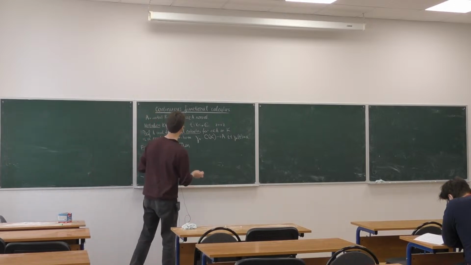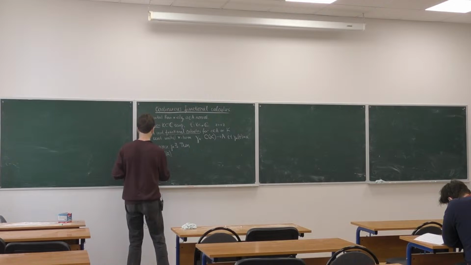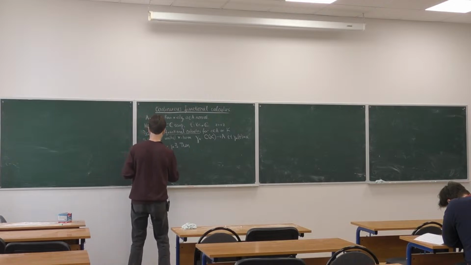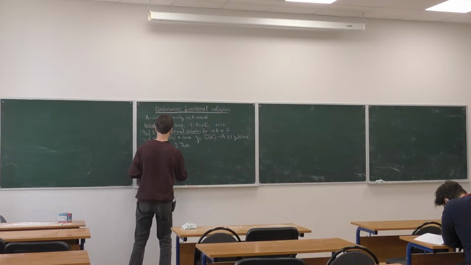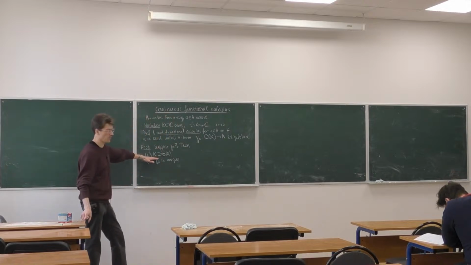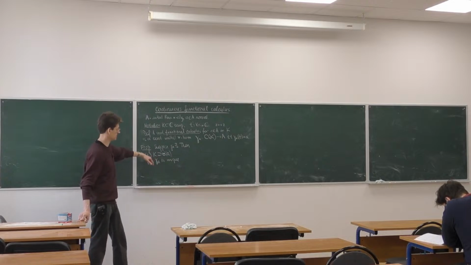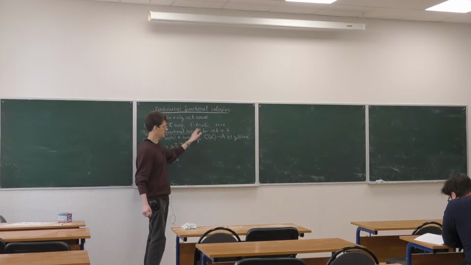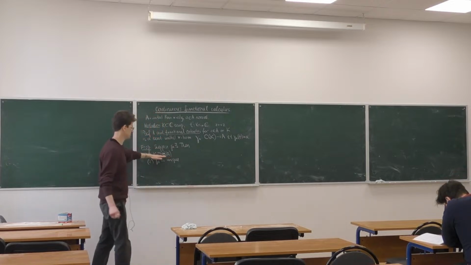And moreover, if it exists, then it is unique. This is a rather simple observation. Property 1 is true because any star homomorphism reduces the spectrum, and the spectrum of little t in C of K is precisely K. So we must have this inclusion.